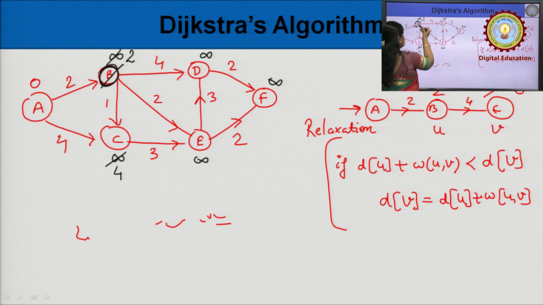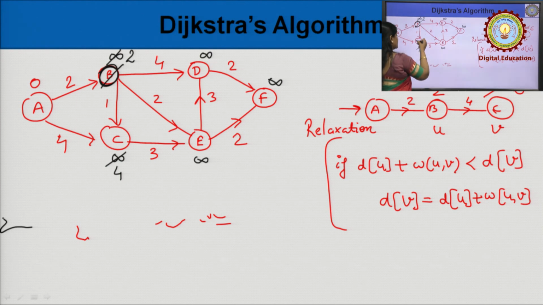Now from vertex B there are 3 edges, 4, 2, 1. Now relax the vertices. 2 plus 1 is 3. Now the distance of C is 4. Relaxation: if the distance of U plus cost is less than the distance of V, then replace it with the minimum.